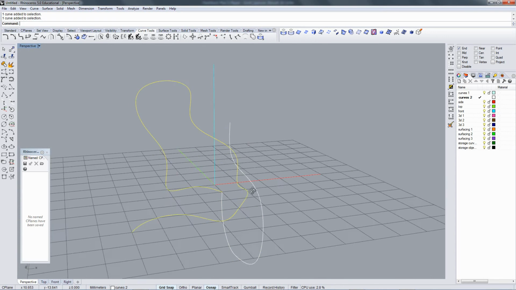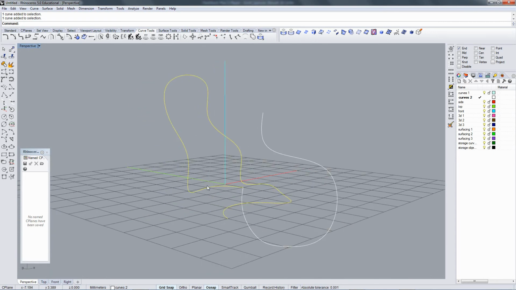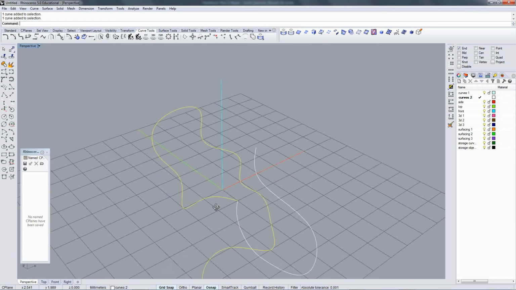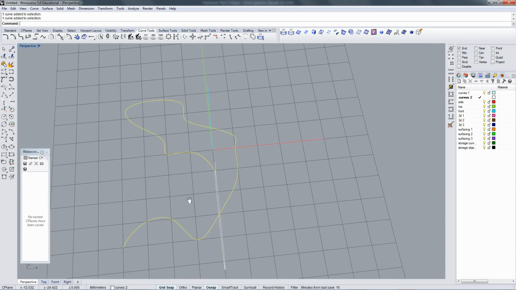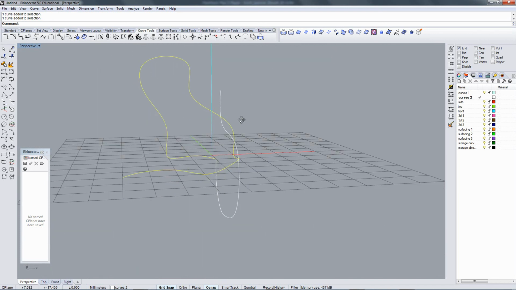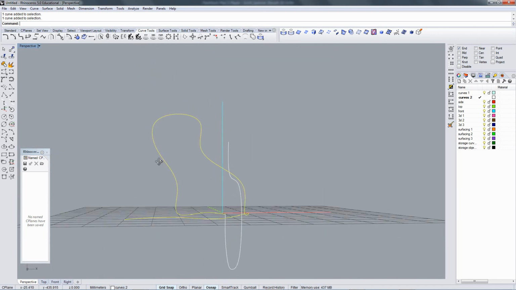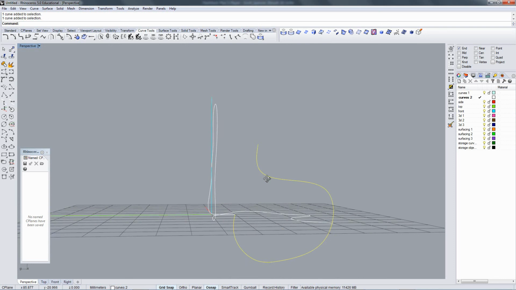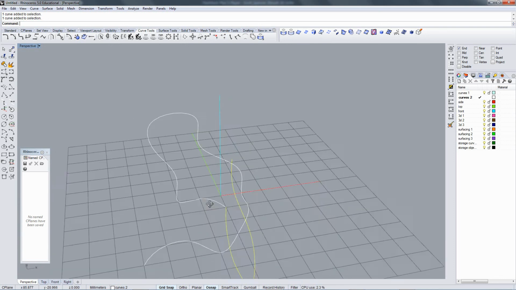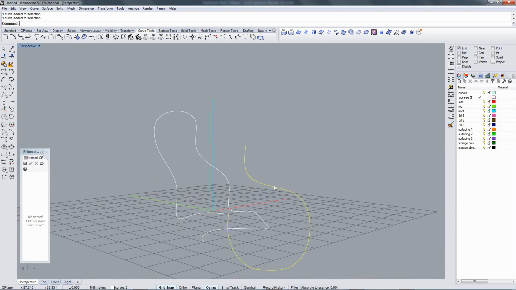But each portion of the curve was drawn on a 2D plane. I used the top C-plane when I wanted to draw flat here. I used the front C-plane when I wanted to draw flat in this direction. I used the right C-plane when I wanted to draw flat in the other direction. Okay?